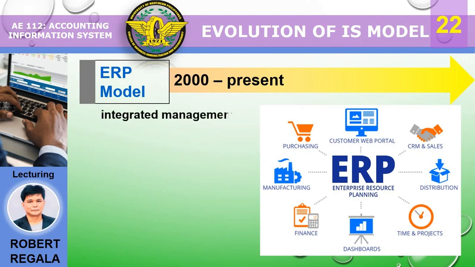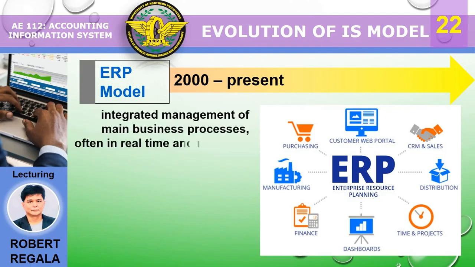ERP is the integrated management of main, or core, business processes, often in real time and mediated by software and technology. It is usually referred to as a category of business management software, typically a suite of integrated applications that an organization can use to collect, store, manage, and interpret data from many business activities.